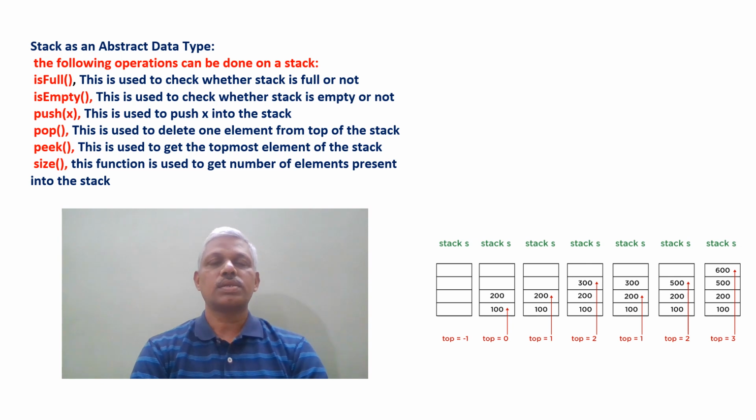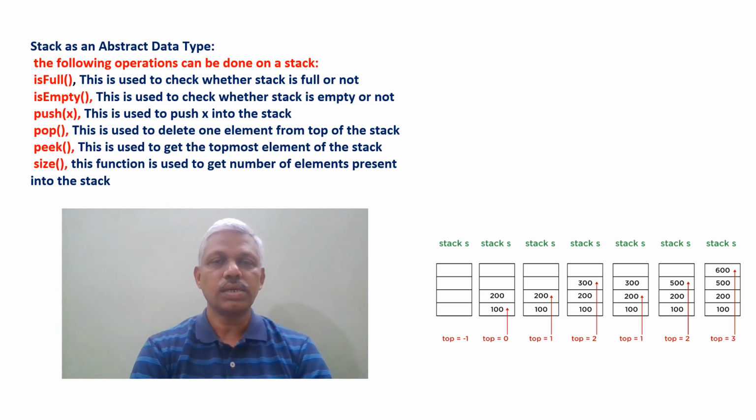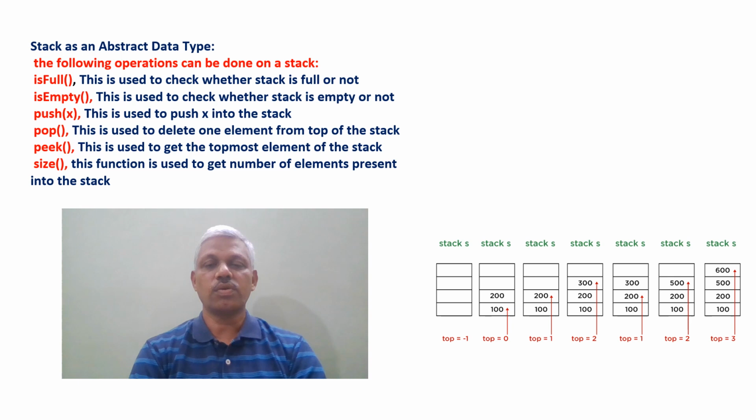But top is a variable which indicates the current size of the stack. When 100 is entered, top is 0, and when 200 is entered, top is incremented to 1. When 300 is entered, top becomes 2, and when 600, the topmost element, is inserted, top takes the value of 3.